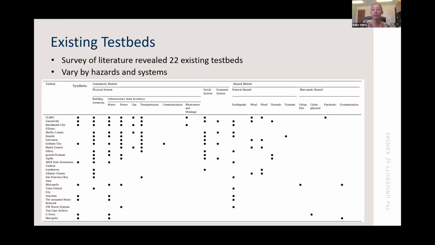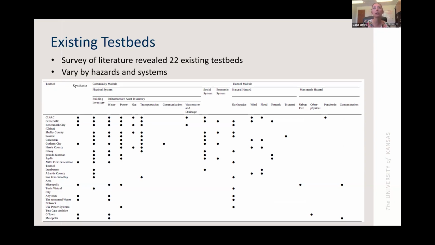In our evaluation of the literature, we identified 22 existing test beds at that time. And the table up here on the screen on the left, you can see the listing of the test beds, and then you can see about half, and I'll try to move my cursor, half or so were synthetic. So the Clark test bed, Centerville, Gotham City. So not necessarily representing real communities, but synthetic.